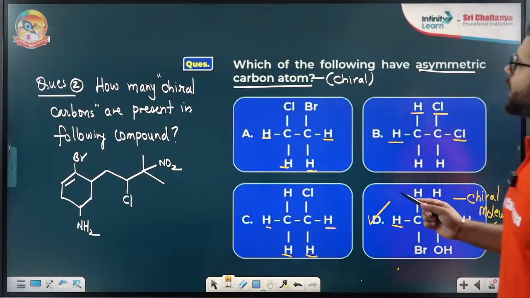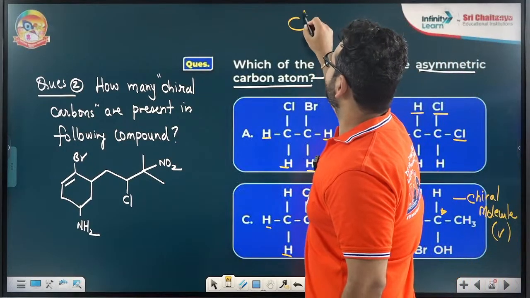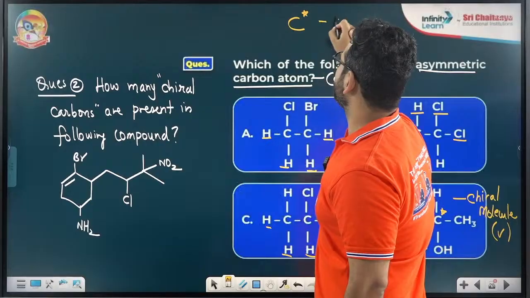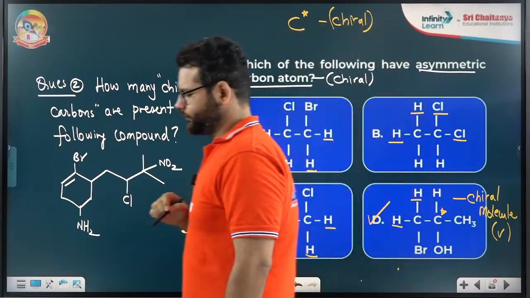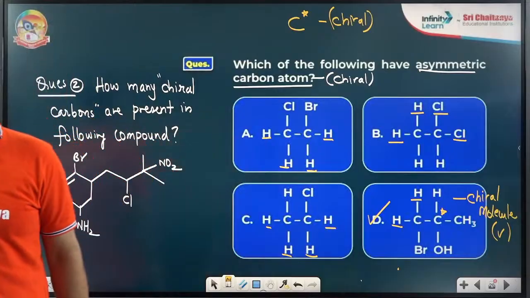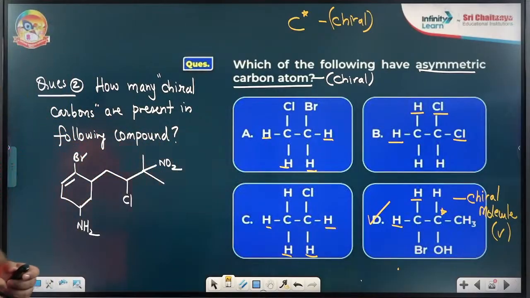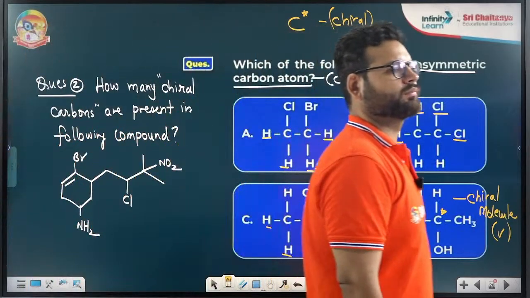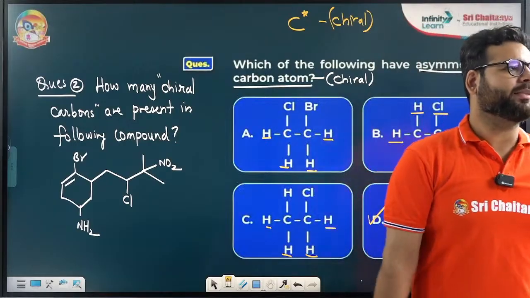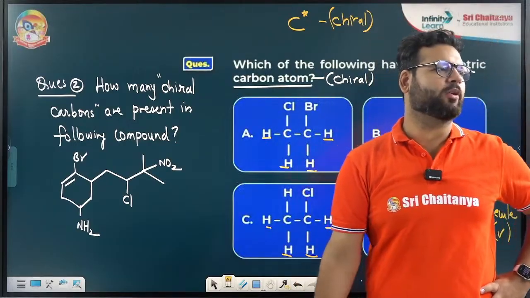Whenever you see a chiral carbon, always put a star there. Okay? Put a star there whenever you see a chiral carbon. Can you tell me how many chiral carbons are present in this molecule?